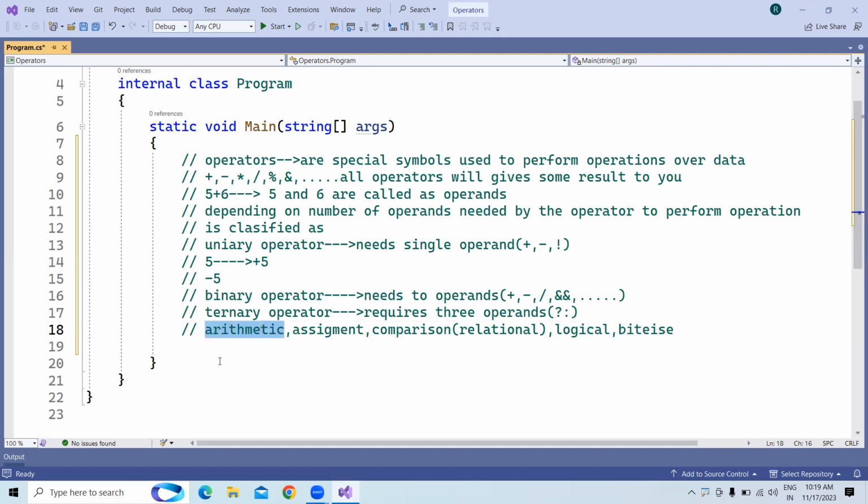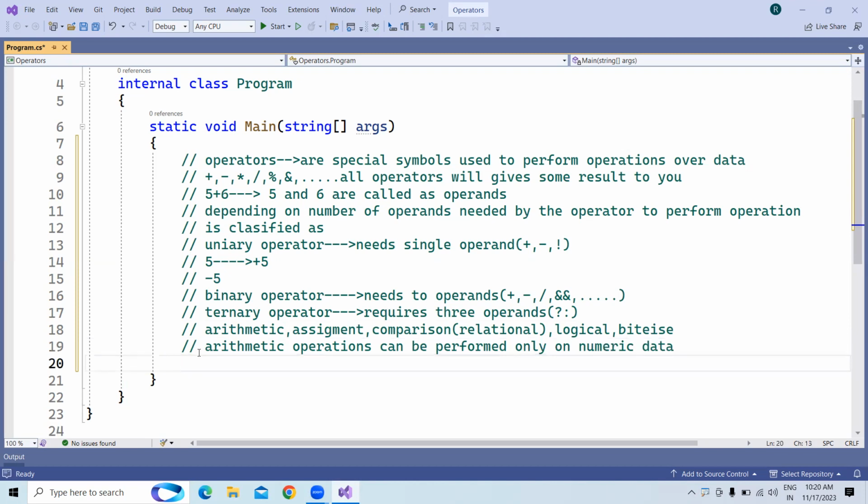Arithmetic operators are used to perform arithmetical operations, like mathematical operations. Arithmetic operations can be performed only on numeric data, numbers.